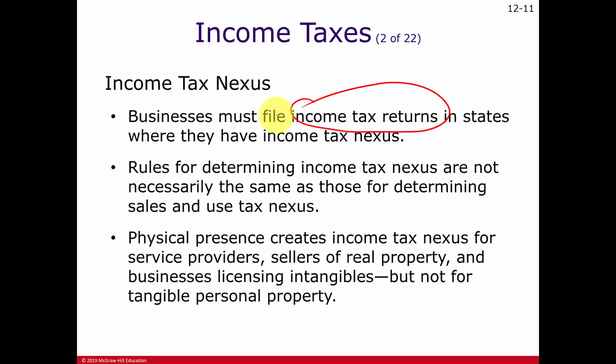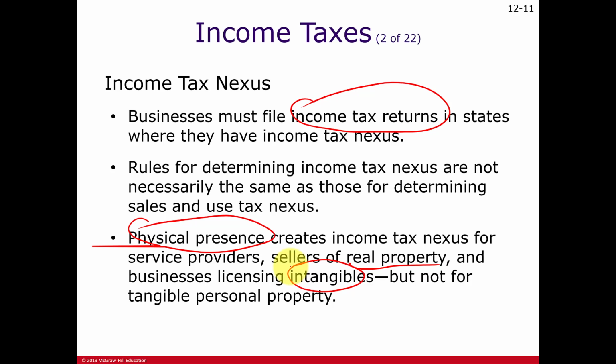To get nexus, they typically look at some type of physical presence test. Physical presence could be people working for you in that state. It could be property, both personal and real property, even intangible property being utilized in that state.